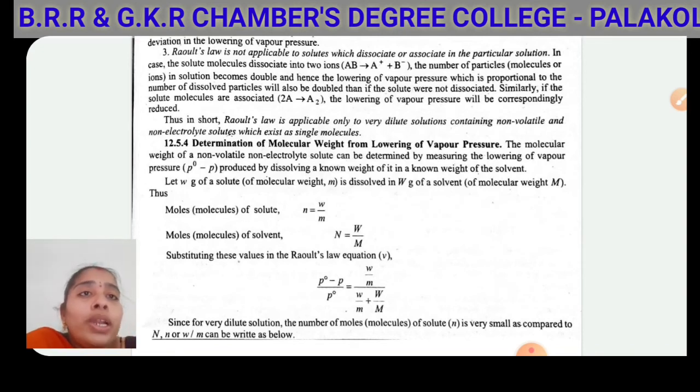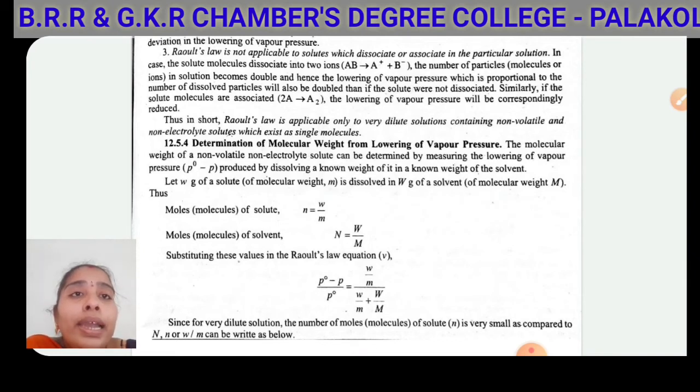In colligative properties, an important feature is determining the molecular weight of non-volatile solute particles by using the lowering of vapor pressure.